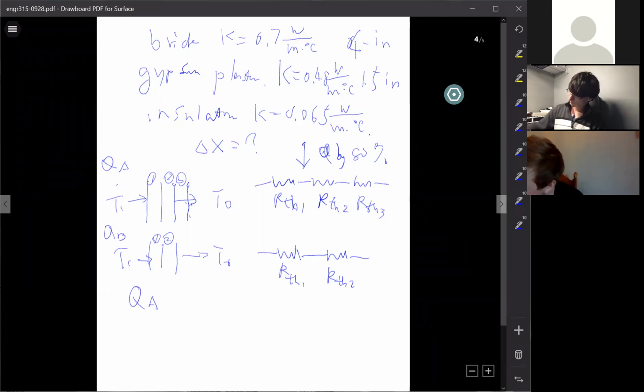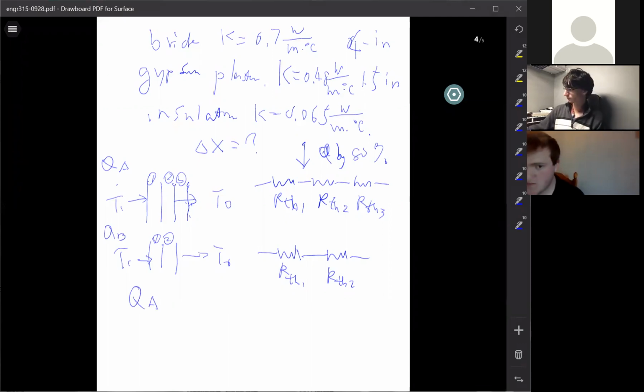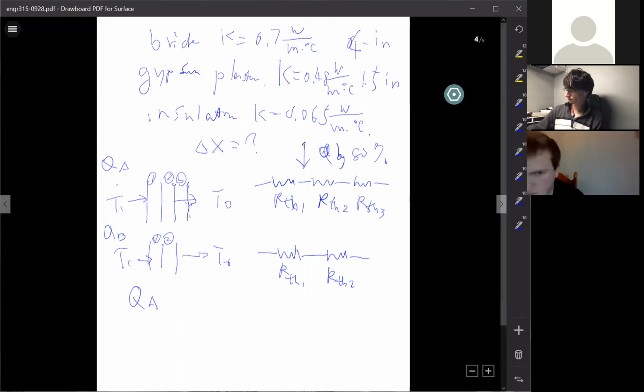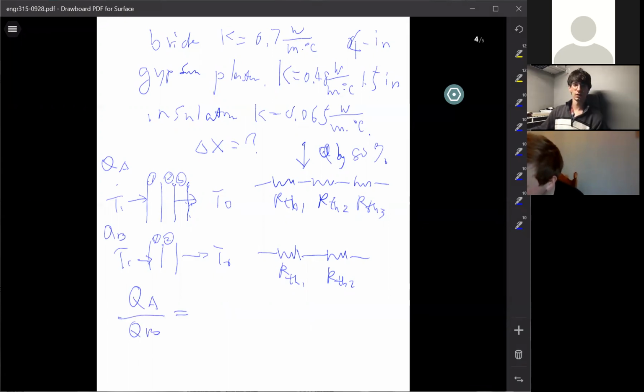So QA will be, what does the problem say? 80% decrease in the heat loss. So QA over QB equals what? 80% decrease, so it's 20%.